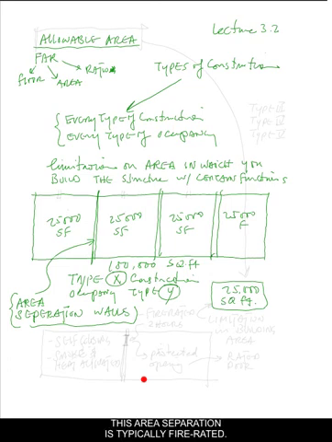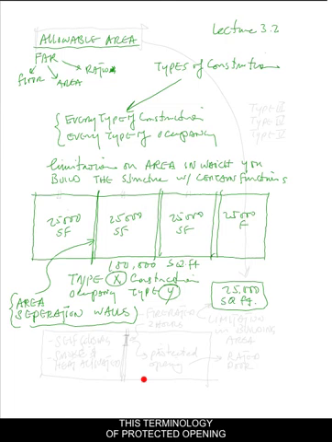This area separation is typically fire rated, typically 2 hours for most occupancies. The 2 hour rating applies if there is a condition in which you have to go through this to this space, then the opening has to be a protected opening.